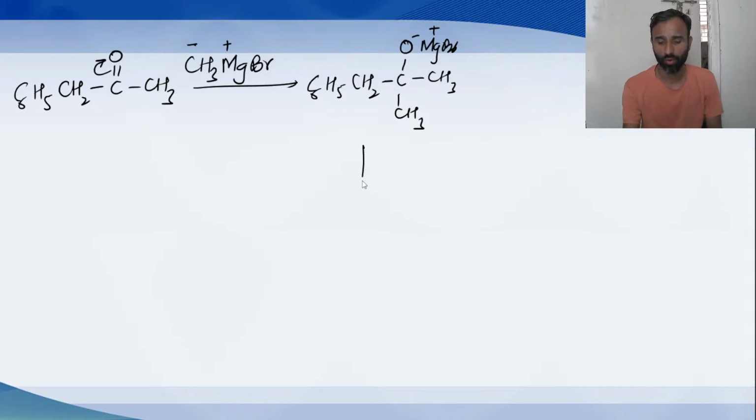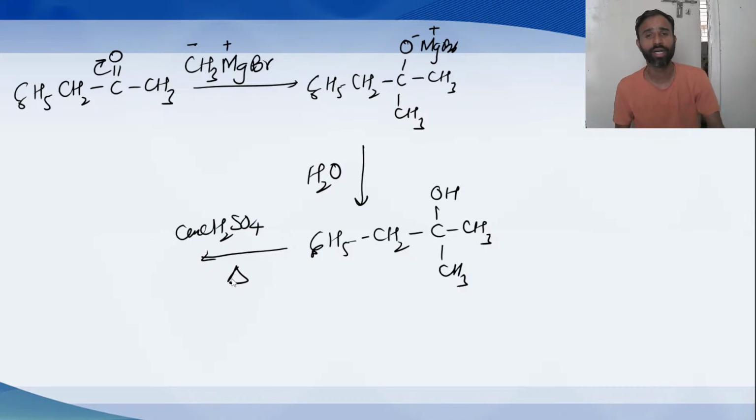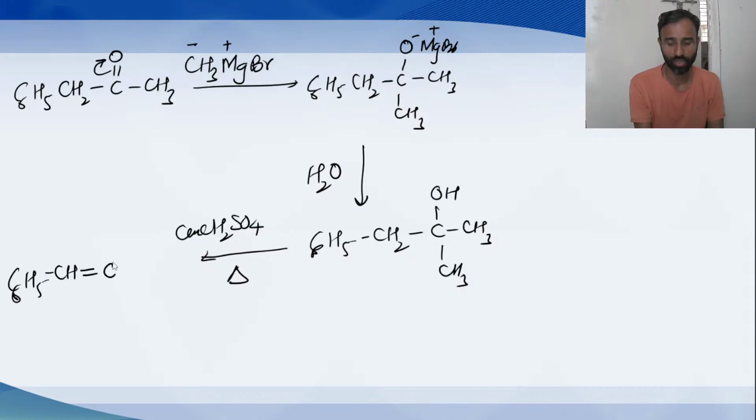Now on hydrolysis we get C6H5 CH2 COH CH3 CH3, and this with concentrated sulfuric acid on heating undergoes dehydration, and we get C6H5 CH double bond C CH3 CH3. That's it. This is A.